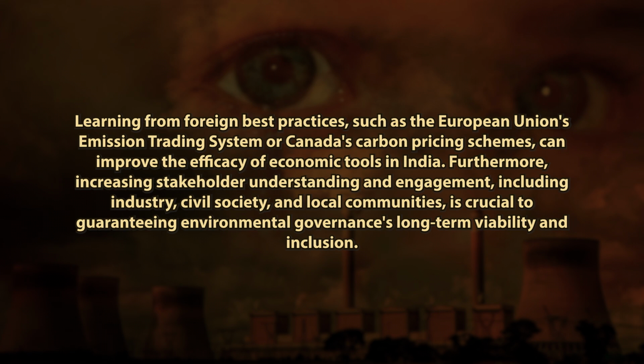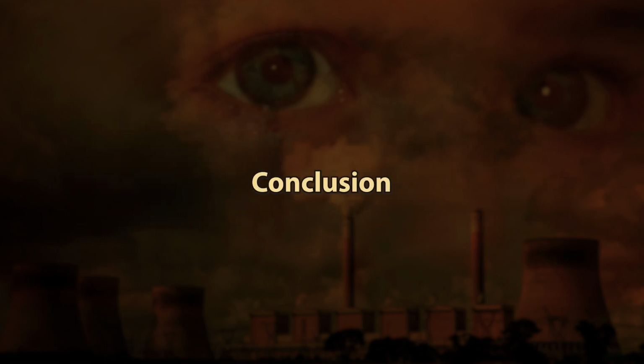Furthermore, increasing stakeholder understanding and engagement, including industry, civil society, and local communities, is crucial to guaranteeing long-term environmental governance, visibility, and inclusion. So, to conclude, economic instruments are an important part of India's environmental governance system.